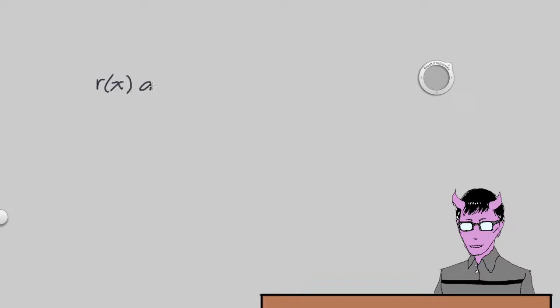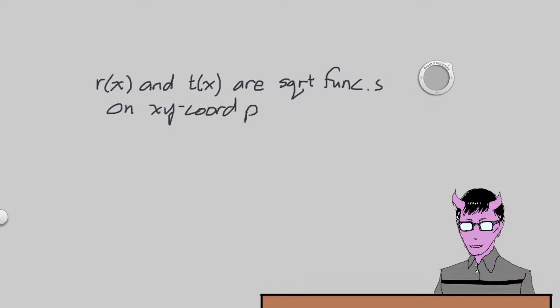So we have r of x and t of x, our square root functions. I'm just going to shorthand. So r of x and t of x are square root functions on the xy coordinate plane. For numbers a and b, alright, so this is the premise.